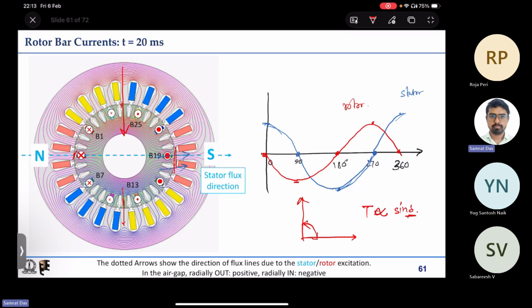So if the induction machine operates very close to the synchronous speed, say 2970 if it is a 3000 rpm machine, the delta angle is most often very close to 90 degree.